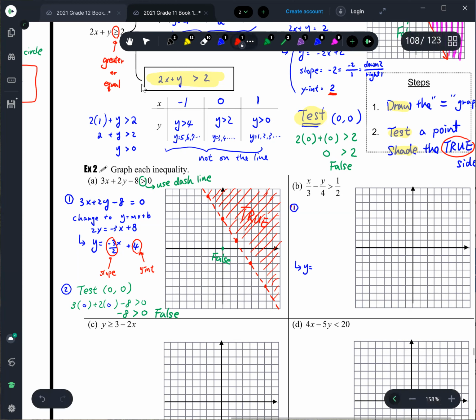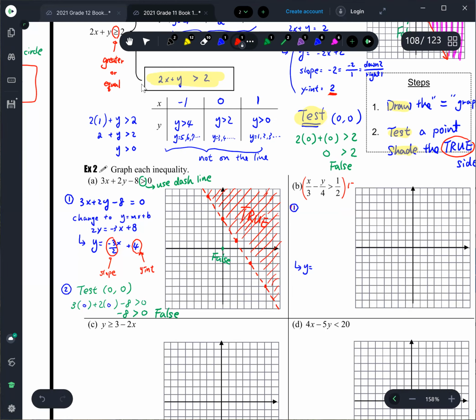Remember, start by multiplying everything by the common denominator. So Tony, what's the common denominator for this one? 24. Too big. 24 is a common denominator, can you get something lower? 12.